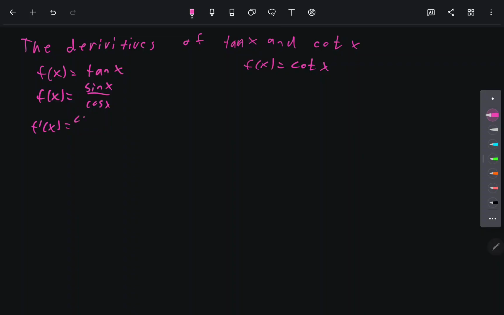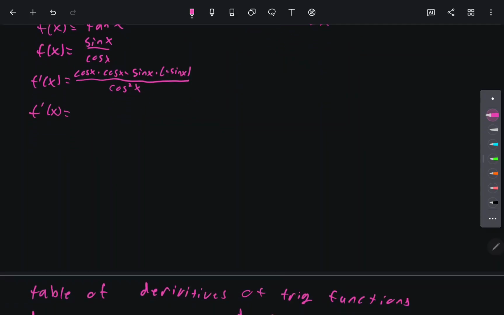Well, the derivative of sine is cosine of x times the bottom, cosine of x, minus the top, which is sine of x, times the derivative of the bottom, which is negative sine of x, all over cosine of x squared. Well, what you'll see is that this up top is going to become cosine squared of x plus sine squared of x all over cosine squared of x.